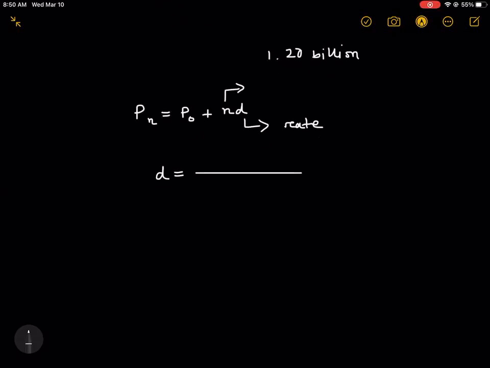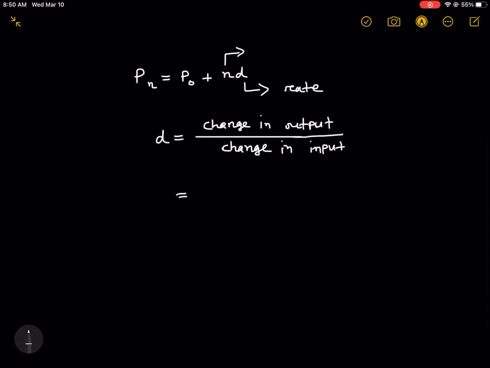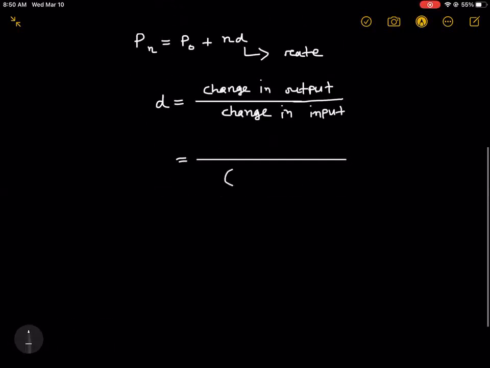So d would be the change in output over the change in input. Basically, the change in input would be in years. That means for a certain time duration, we'll have the change in input.